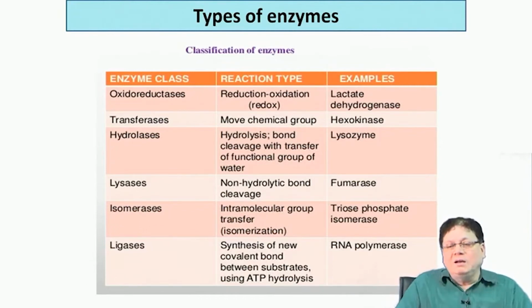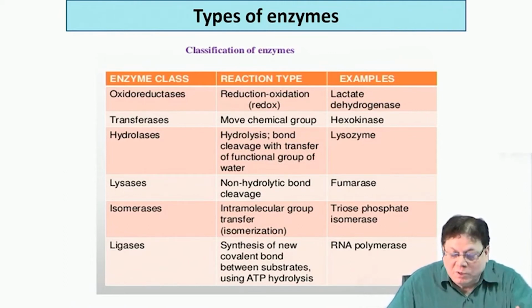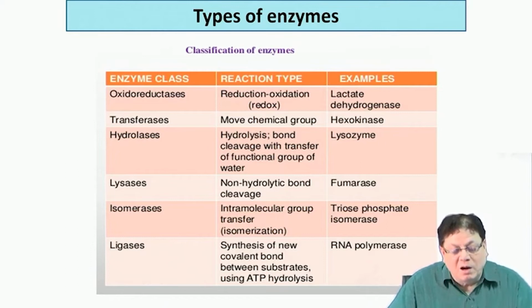Like different organic reactions are classified according to type, like nucleophilic addition, electrophilic addition, substitution reaction, elimination reaction, similarly, based on the type of reaction, the enzymes are classified into 6 groups. So, whatever enzymes we have in the living world, they will do one of these reactions.